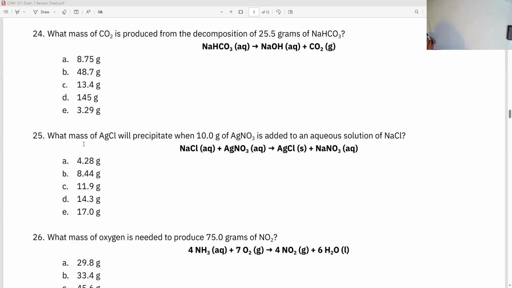And question 25 is asking us what mass of AgCl will precipitate when 10 grams of silver nitrate is added to an aqueous solution of NaCl. So we're going to have 10 grams of silver nitrate, and we want to see how much silver chloride is going to form from that. Okay.